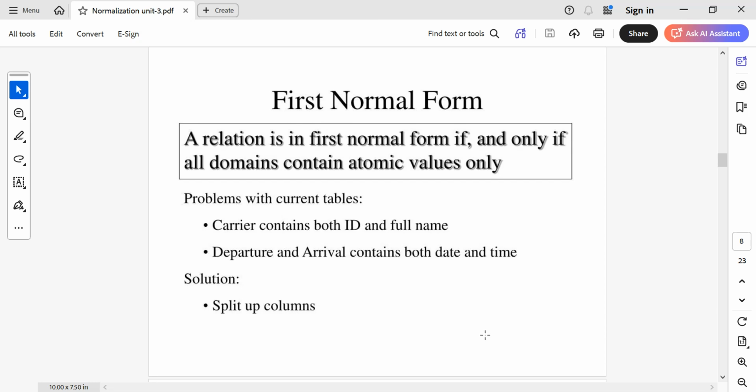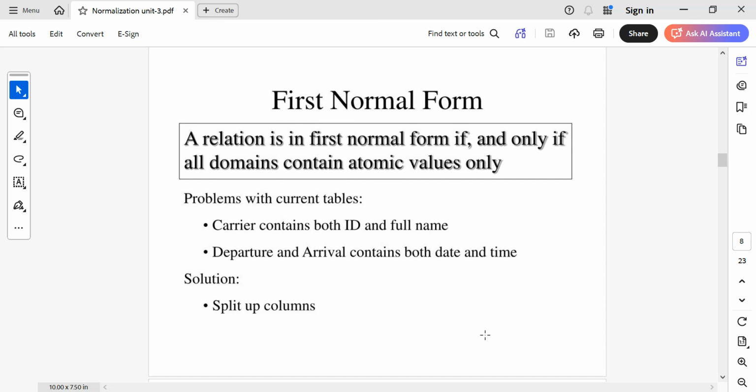For example, here carrier contains both ID and full name. Departure and arrival contain both date and time. So these are not atomic values. If you want to convert your table into normalization, we have to split up the columns.